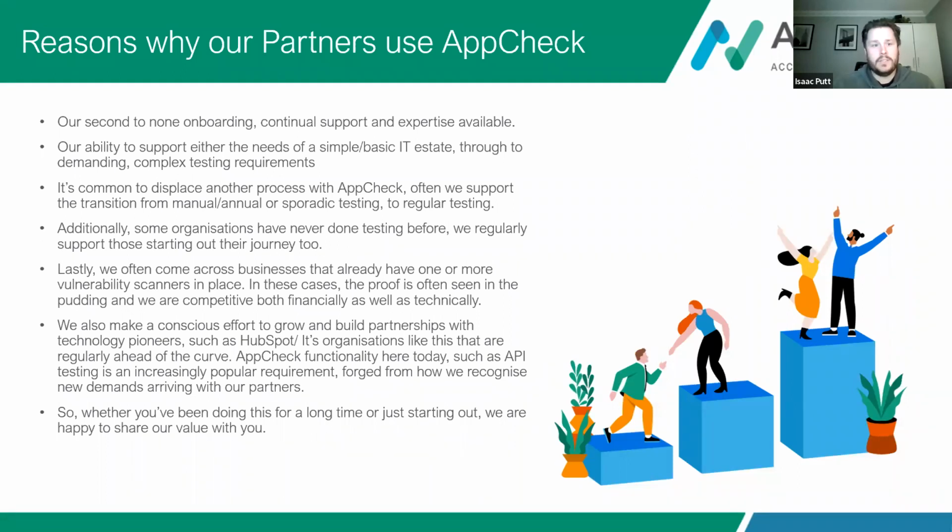A perfect example of this is the ability to test APIs, something that AppCheck can do, something that all organizations are growingly using more and more. And of course, a lot of these things stem from our experience of working with companies like HubSpot and so on. So whether you're starting out, whether you've been doing this for a long time, whether you have manual penetration testing, or you've never heard of penetration testing, AppCheck's here to support your journey if necessary.